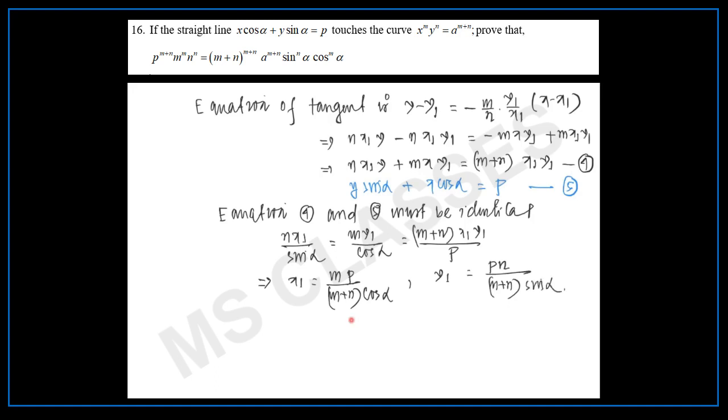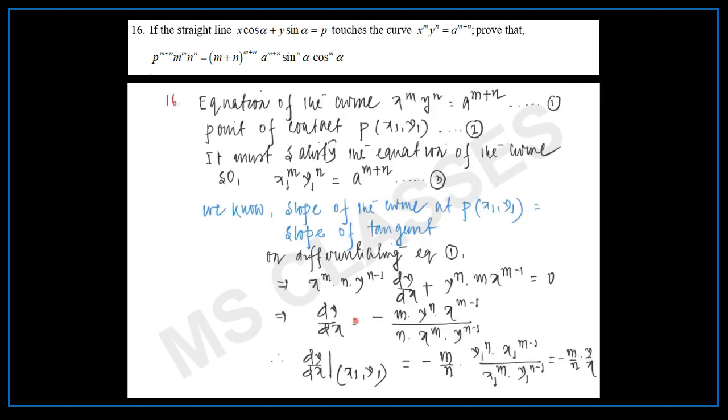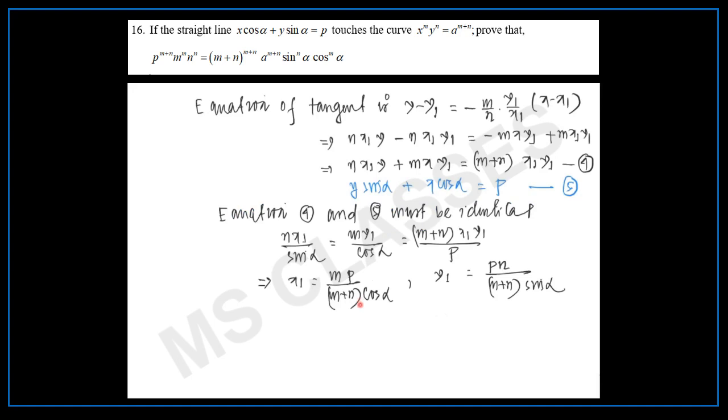Now from equation 3, we can conclude x1, y1 will satisfy x1 to the power of m into y1 to the power of n equal to a to the power of m plus n.